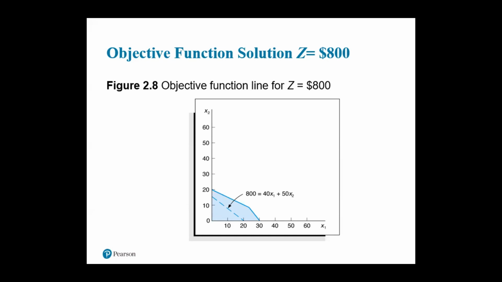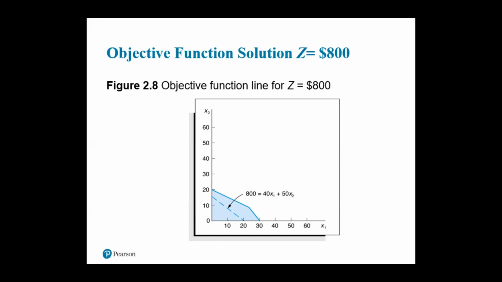So let's see how we can plot the profit function. This is 800 for the profit. We use the same approach to get the coordinates for x1 and x2 so that we can plot it.